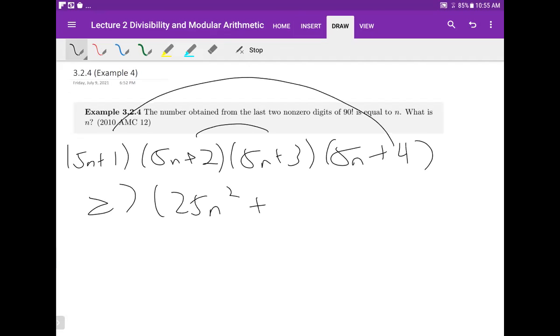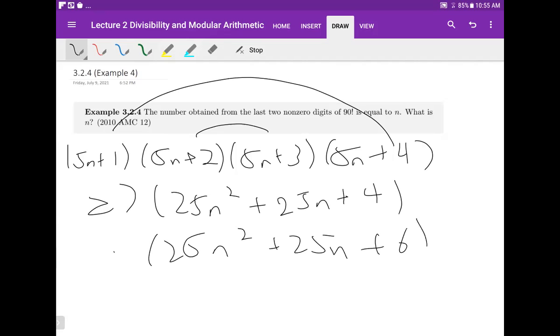So if we group 5n plus 1 and 5n plus 4, and 5n plus 2 and 5n plus 3, we get that this is equal to 25n squared plus 25n plus 4 times 25n squared plus 25n plus 6.